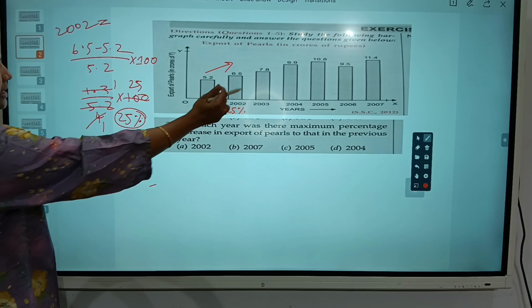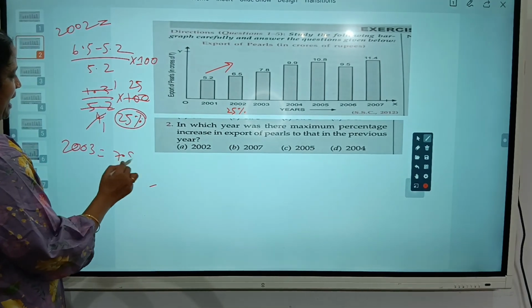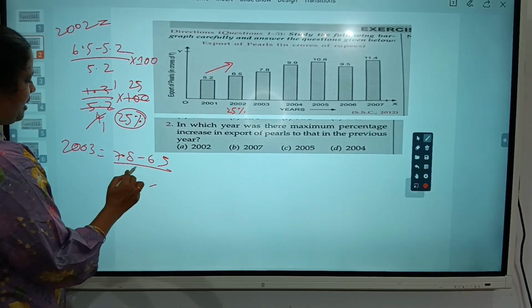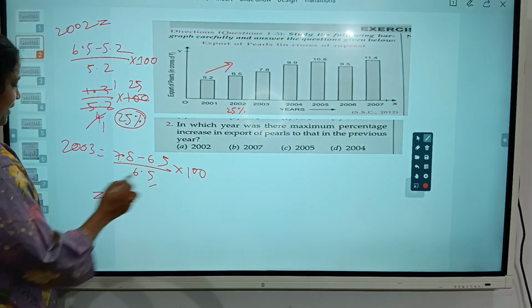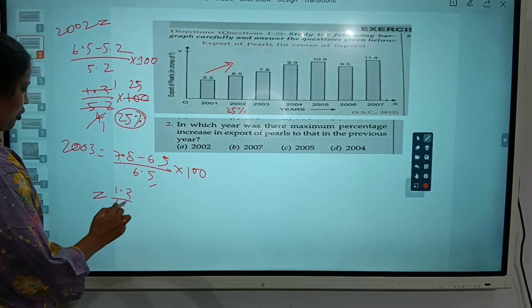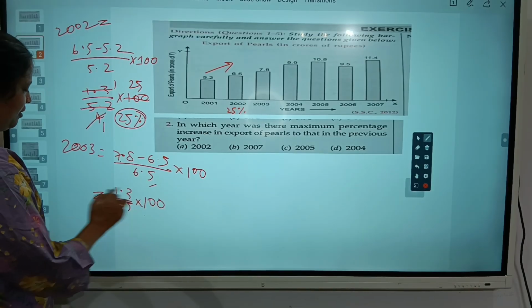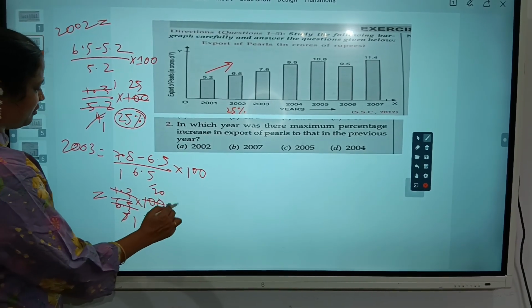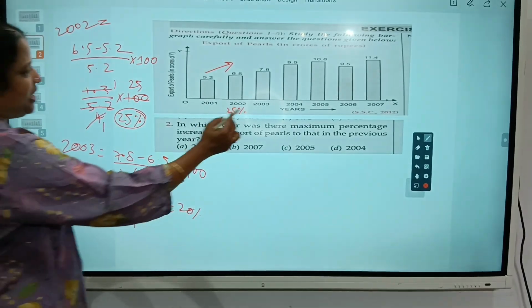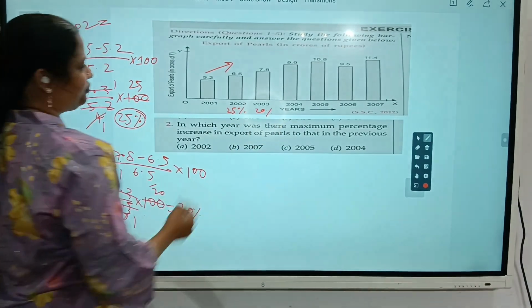Now in 2003 we have to calculate in the same way. In 2003 the increase is: the first value is 7.8 minus 6.5, by 6.5, into 100. So again the difference is 1.3 by 6.5 into 100. 13 ones are 13, 5 fives are 25, so again the increase here is 20%.